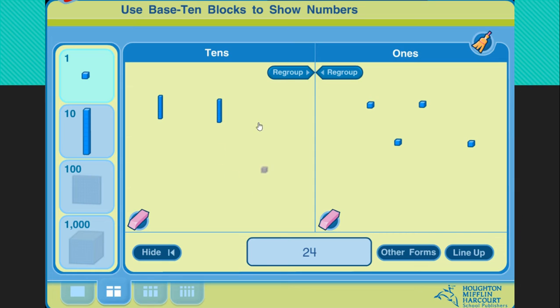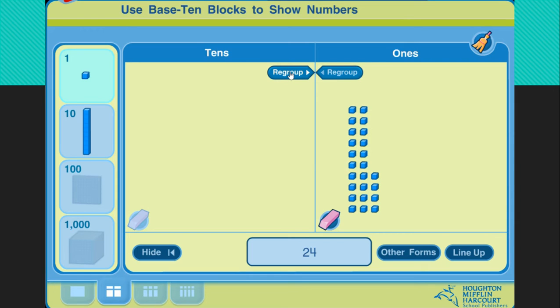This is in the tens place, but we can regroup each 10 into ones. We break up one 10, and now we have 10 ones plus the additional 4 ones. We regroup this other group of 10, and now we have 24 ones. That's what it looks like when we regroup.